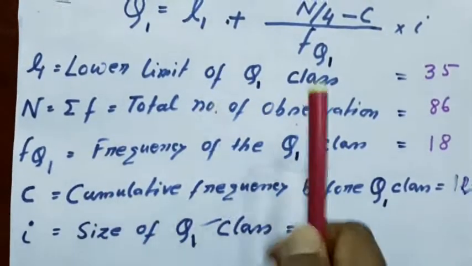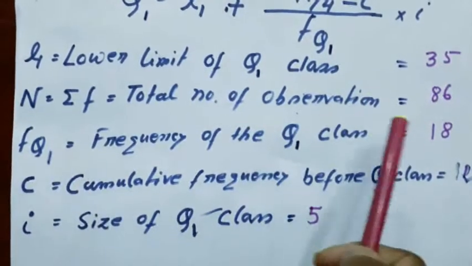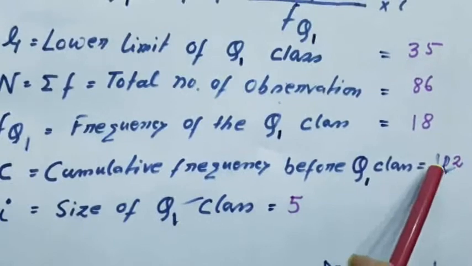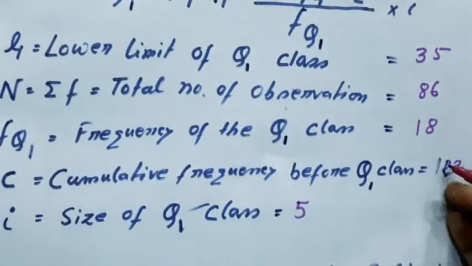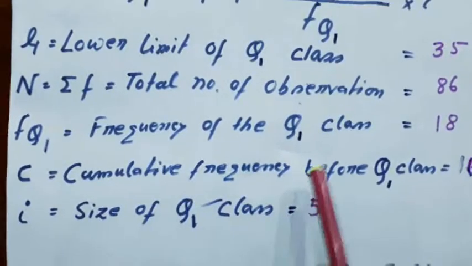Okay, L1 is 35, the total observation is 86, and cumulative frequency before the Q1 class is 12, and size 40 minus 35 is 5.